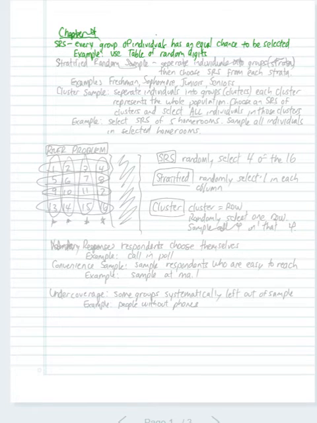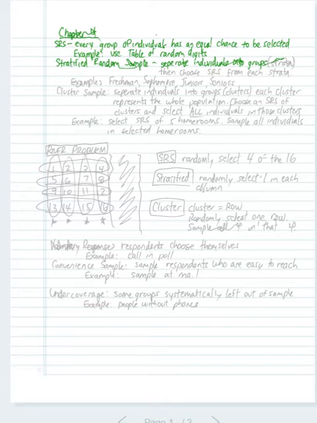Okay, the next definition here is for a stratified random sample, which is fairly similar to an SRS, but there's one difference. To begin with, you will take your group of all of the individuals and you will separate them into groups. So I'm going to say here, separate individuals into groups.